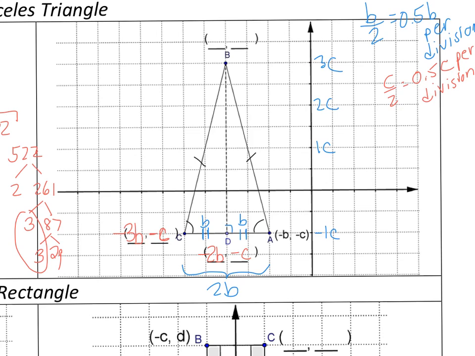Maybe that'll help. So from a y perspective, this vertex B is located at 3c. And we've already found what it is from an x perspective. If we travel from vertex D straight on up, nothing's changed from an x perspective, so that's located at negative 2b.